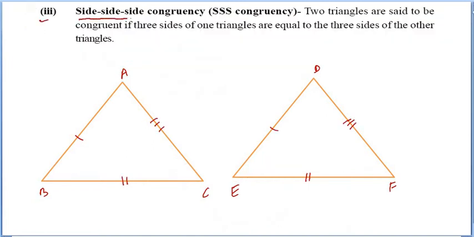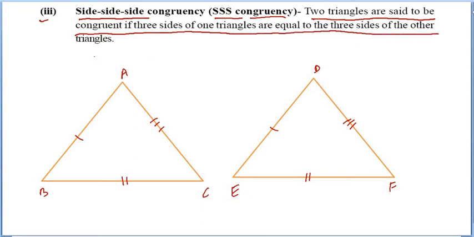Now come to the third rule, the SSS congruency. Two triangles are said to be congruent if three sides of one triangle are equal to three sides of the other triangle. You have to see that all the sides are equal. So this side and this side are equal, and this side and this side are equal.